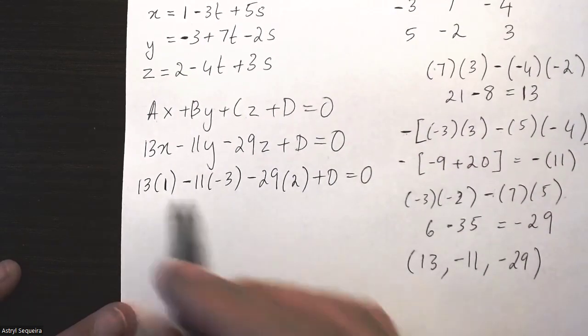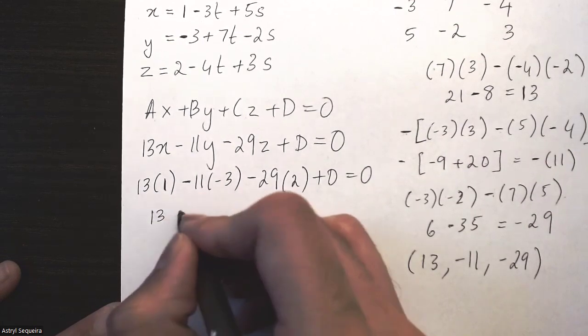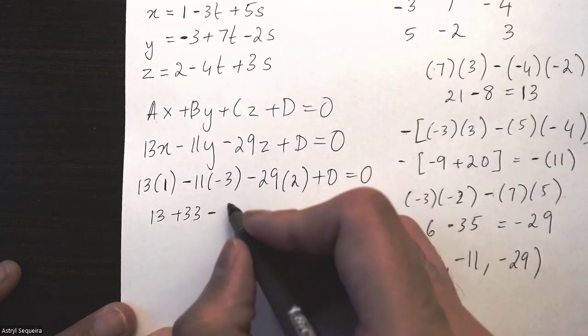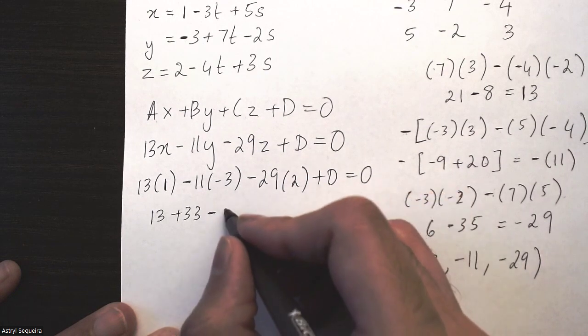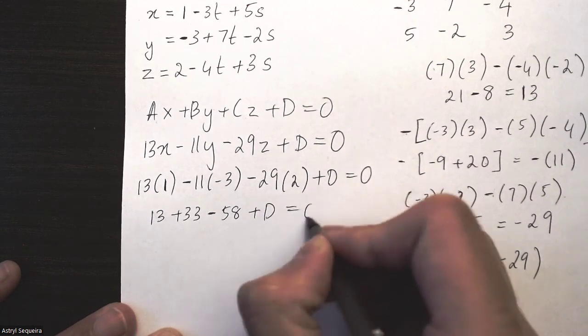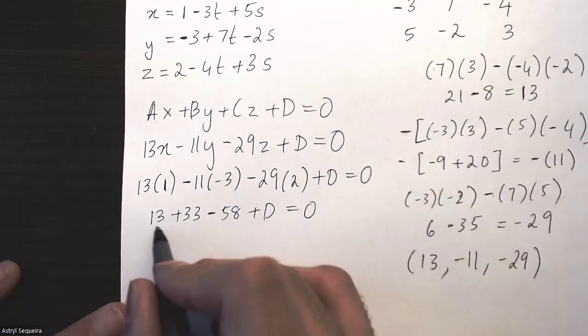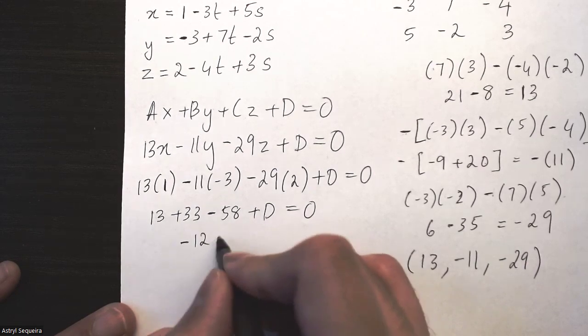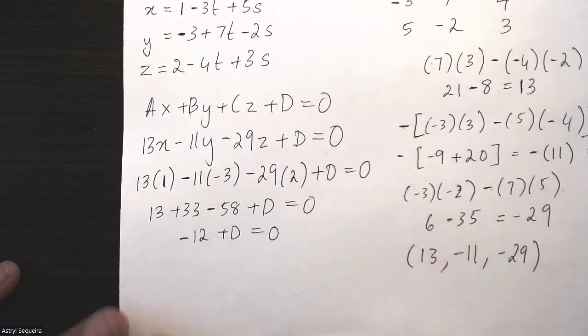in this question. So I have 13 plus 33 minus 29 times 2 is 58. Then I'm going to combine these three like terms. So that's 46 minus 58, which is -12 plus d equals to 0.